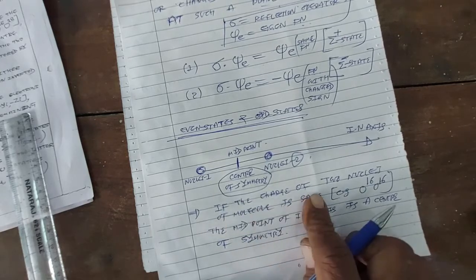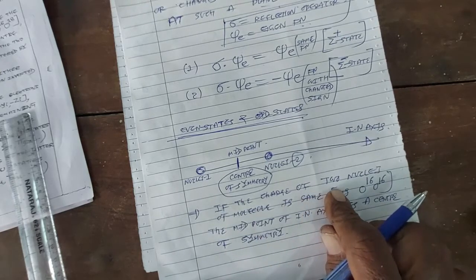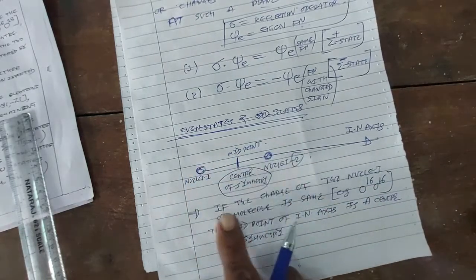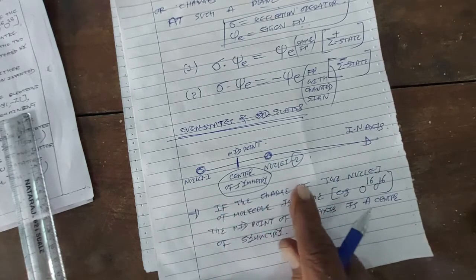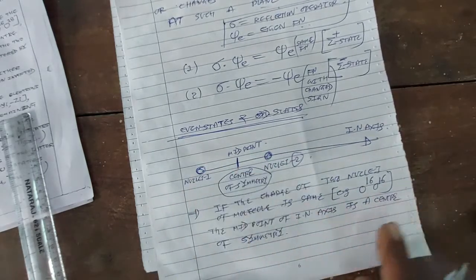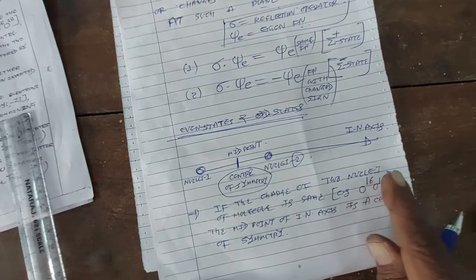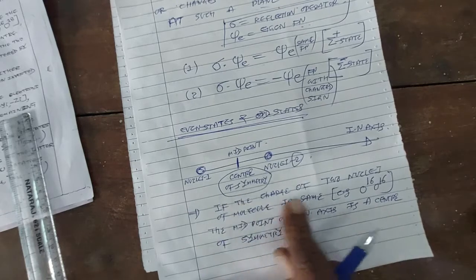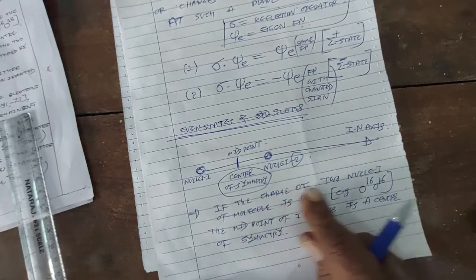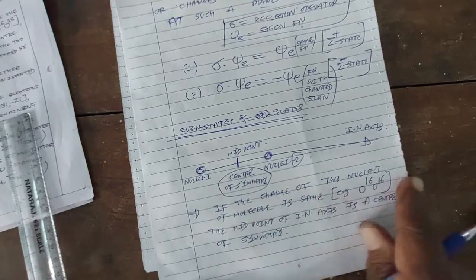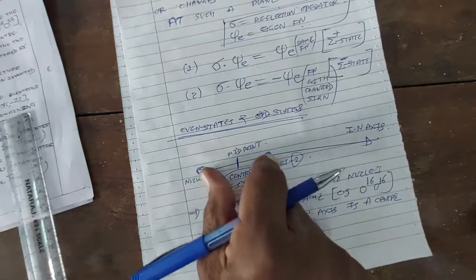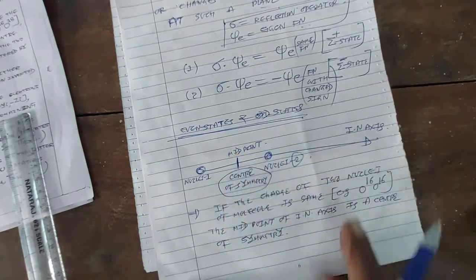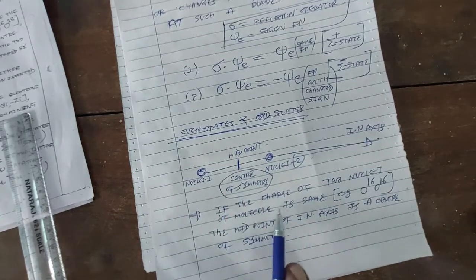So if the two nuclei 1 and 2 of the molecule have the same charge, as for example two oxygen-16 nuclei have the same charge, then the midpoint of the internuclear axis is the point of center of symmetry.